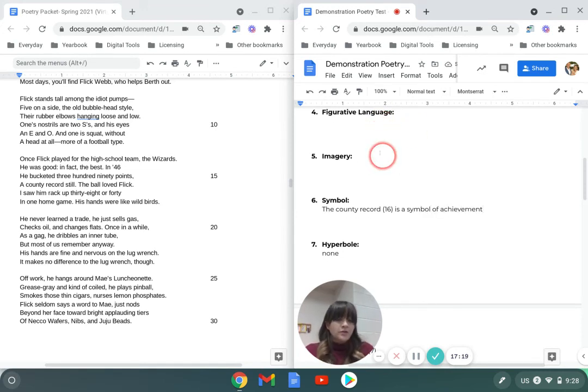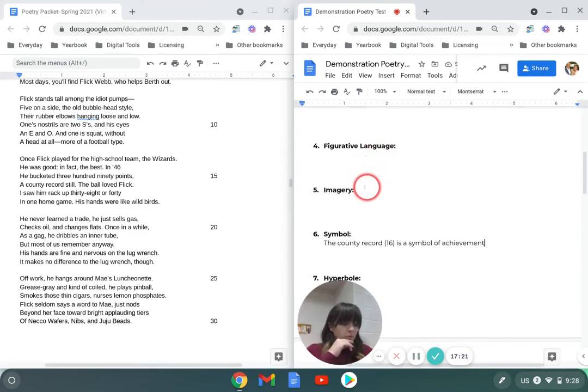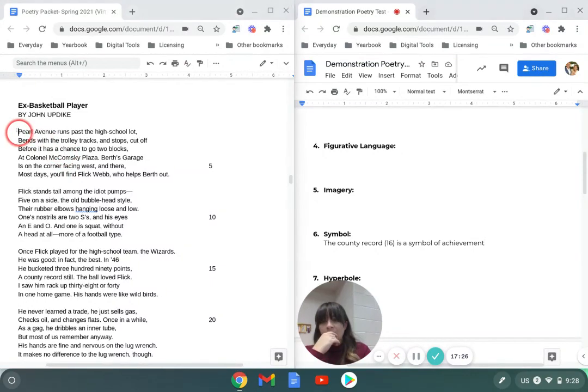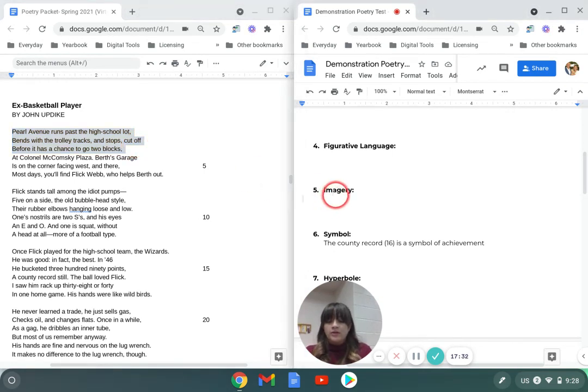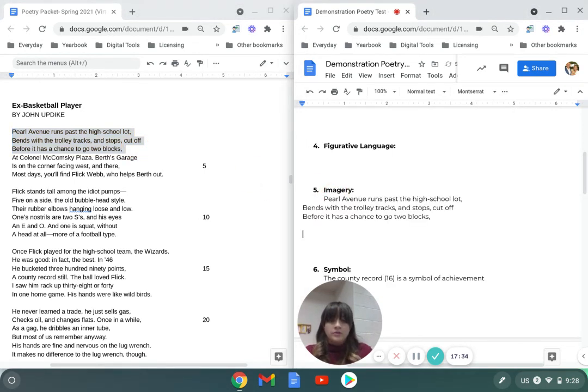Okay. So I've gotten all the hard ones. Now I can go back to imagery and figurative language. Super easy. I could use these first 2 lines right here, maybe the first 3 lines, for imagery because it creates an image of the town.